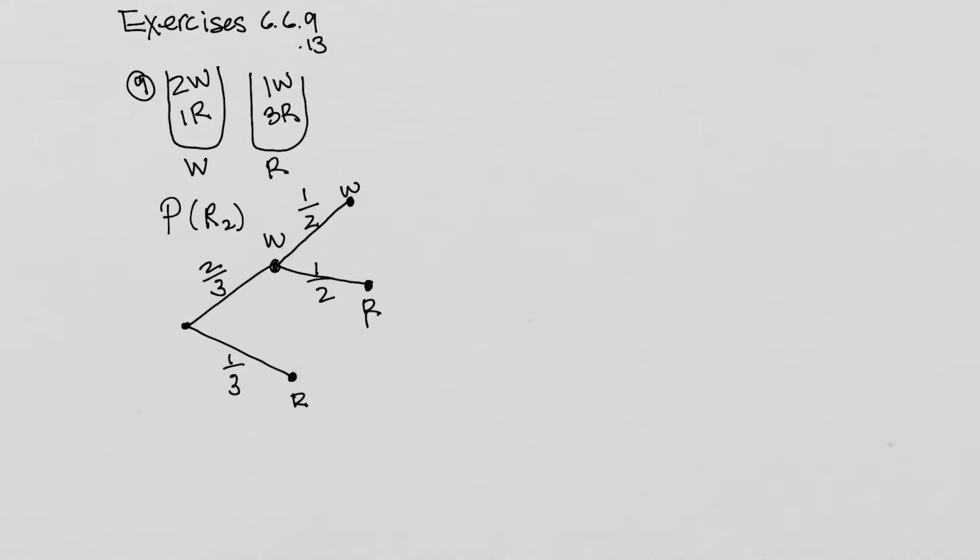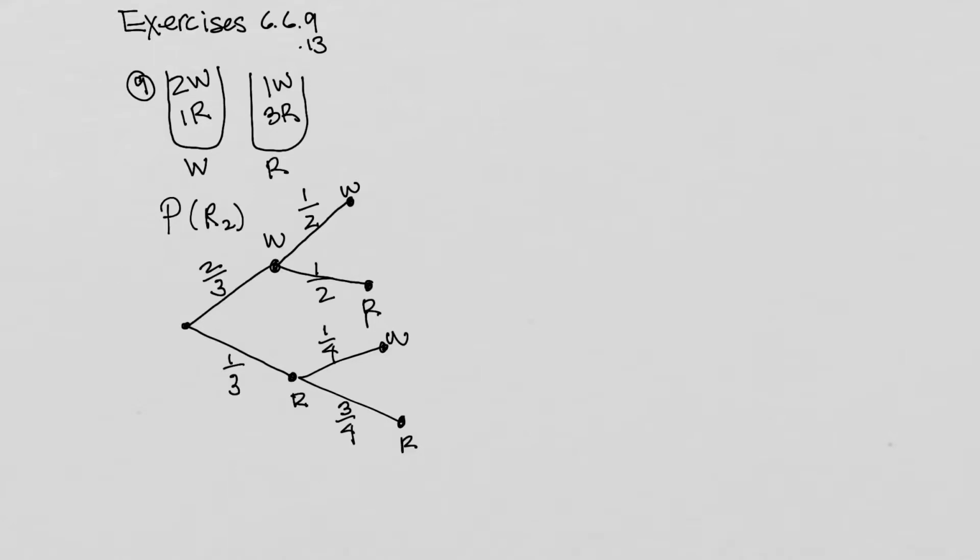We could either get a white ball or a red ball. And now there's one white and three red. So there's four balls altogether. One of them is white and three of them are red. So 3/4 for red. And we want to know what is the probability of getting a red ball on the second draw. We'll just follow these branches.